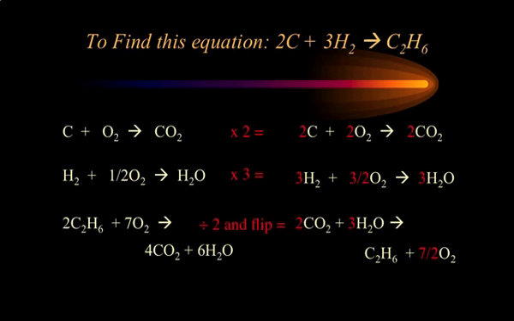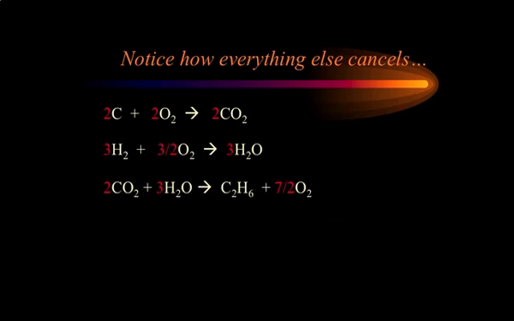Okay, let's reduce this a little bit. So, just rewriting exactly what we wrote on the last slide, but figuring out what I have and what I can get rid of. First of all, I want to double check, make sure I have the things that I was actually looking for in the right places with the right amounts. And sure enough, I've got 2 carbons plus 3 H2s goes to C2H6.